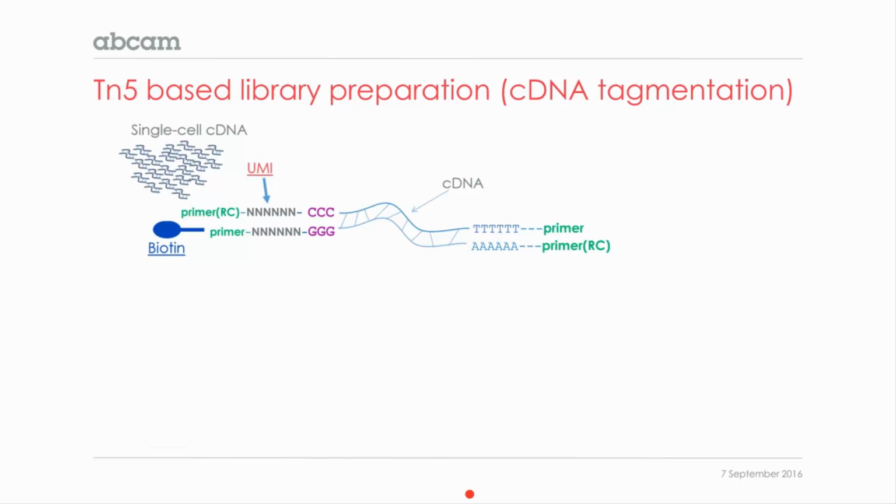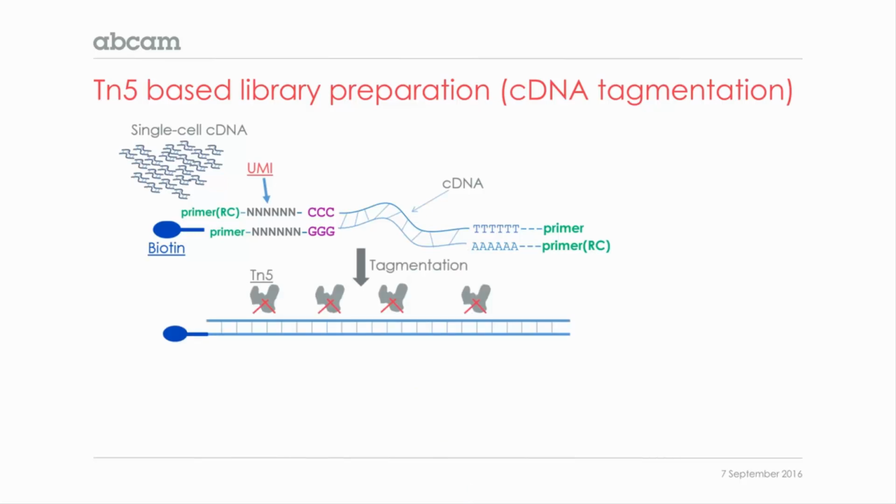So now we basically load the Tn5 with oligos that contain the Illumina adapter. So we have one Illumina adapter on the 5' side, and we need to add the second Illumina adapter. This is inside the oligos that the Tn5 is loaded with. The Tn5 is a transposon. It will basically cut the DNA and introduce those oligos.